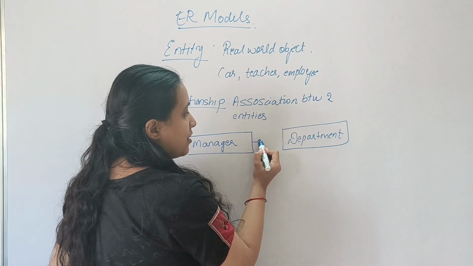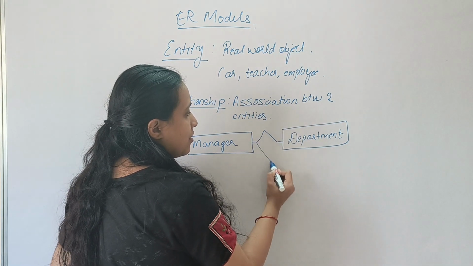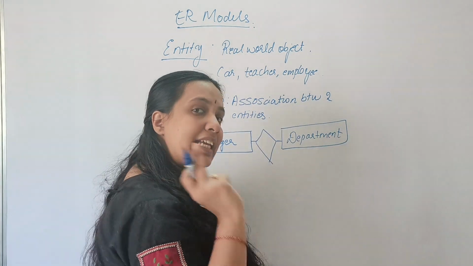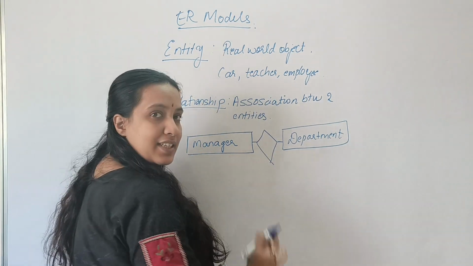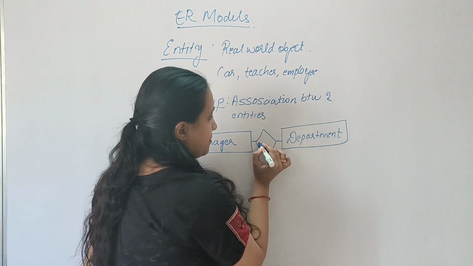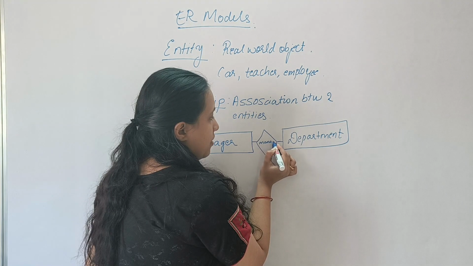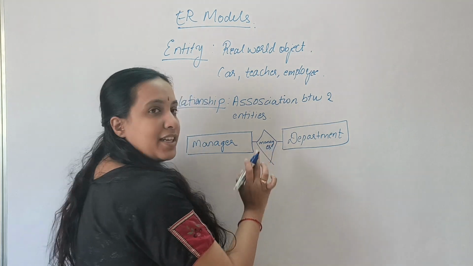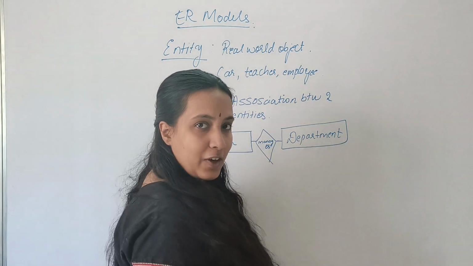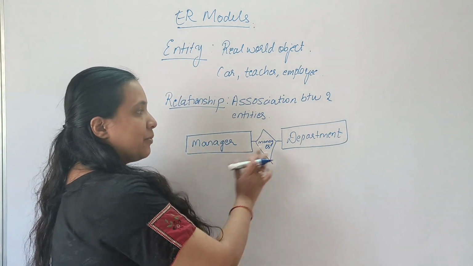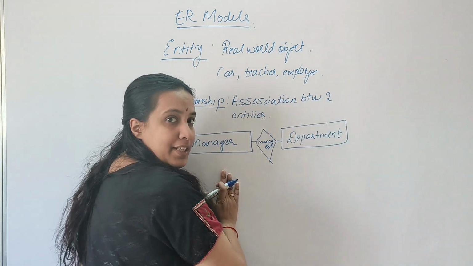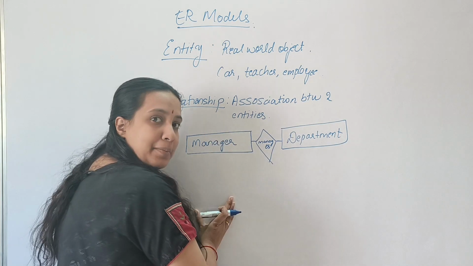So relation in an ER model is represented as a diamond. And inside this, I write the relation: manages. Manager manages department. So this is the relation between the two entities. Now I can say I have a database which has the details of the entity manager.